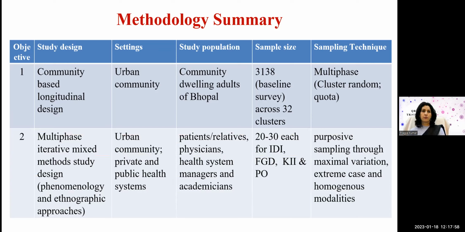They have used phenomenological and ethnographic approaches. The setting is the private and public health system. The population is patients, relatives, physicians, health system managers, and academicians also. They have planned 20 to 30 IDIs each, then FGDs, key informant interviews, and participant observation.